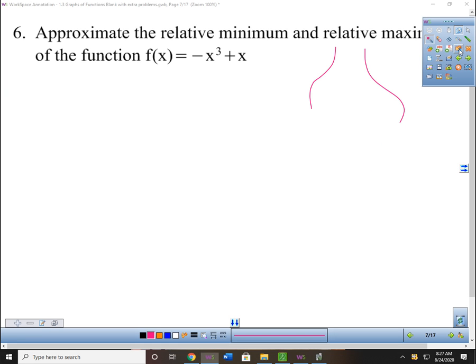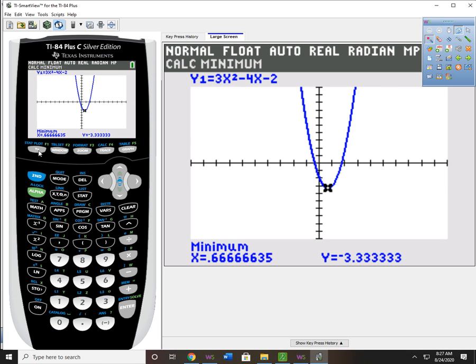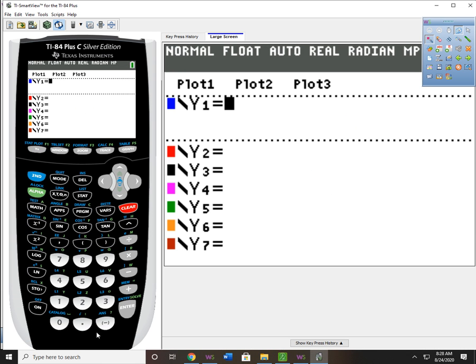All right, so we're going to graph this: negative x cubed plus x. It's always important to make sure you get everything typed correctly in there. Okay.